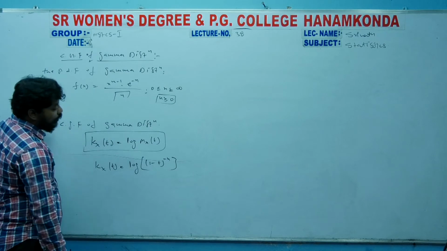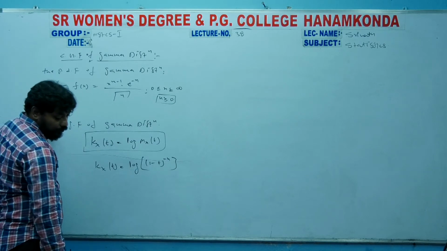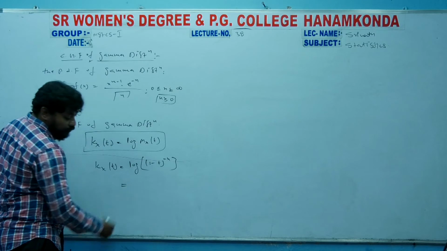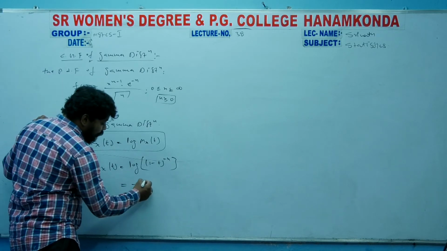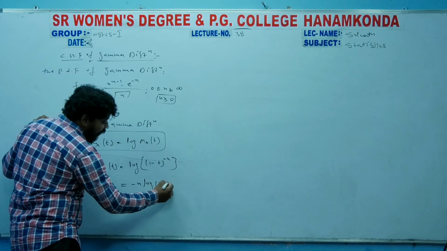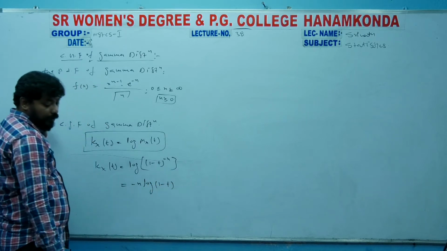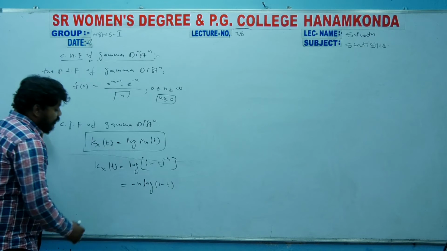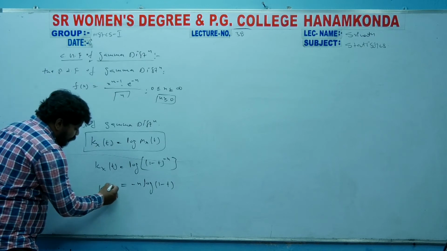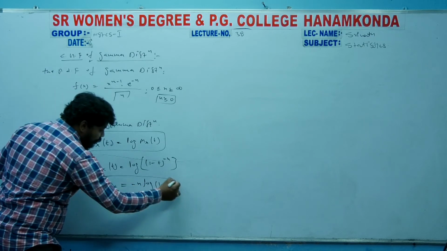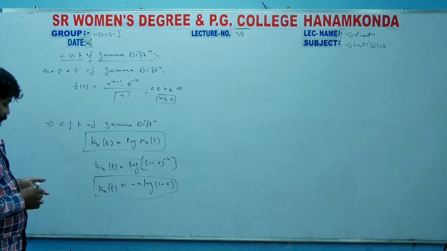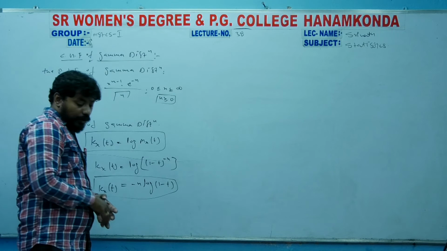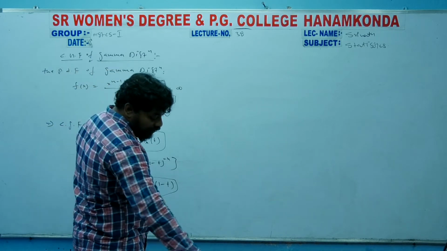So since we have log, minus n log (1 minus t) is the Kx of t, the cumulative generating function. Here we want to find out the central moments.